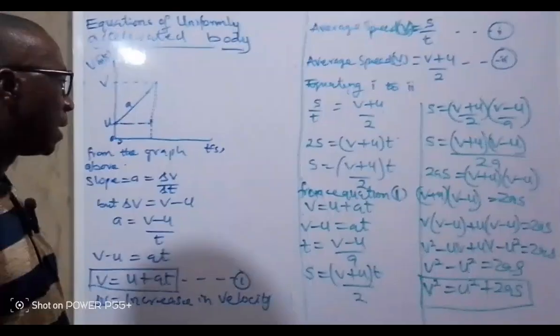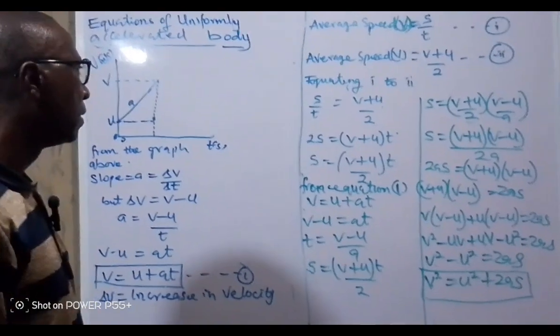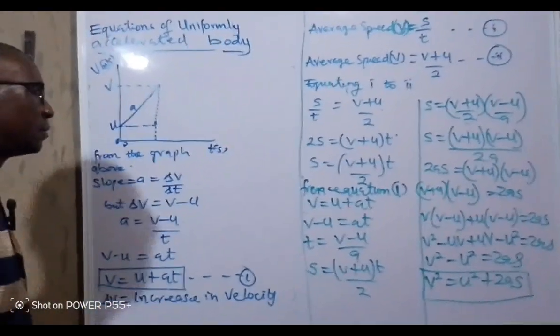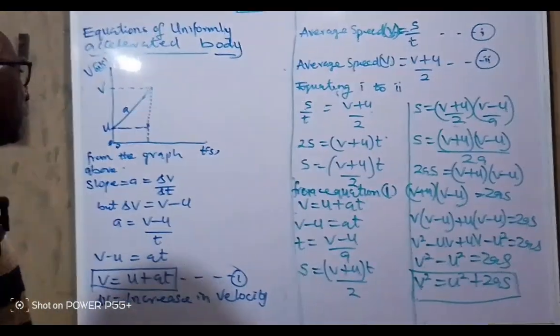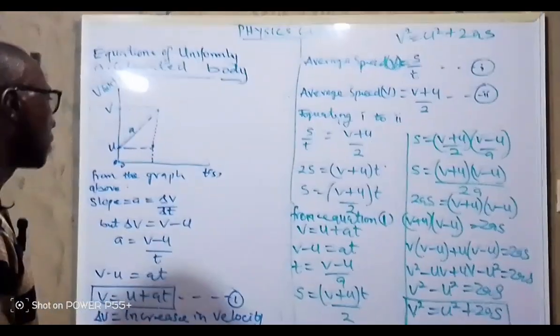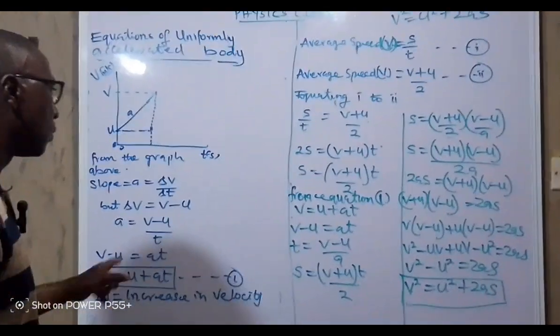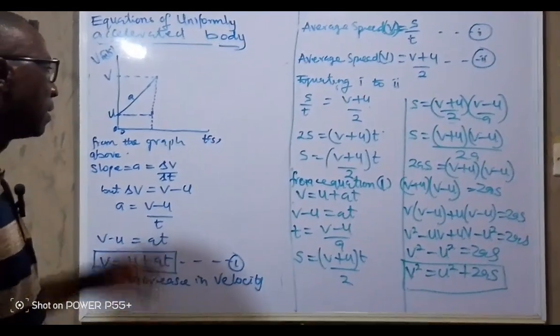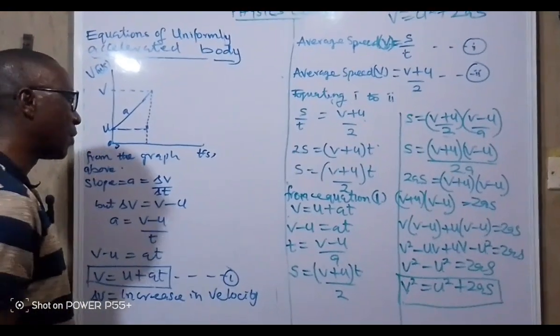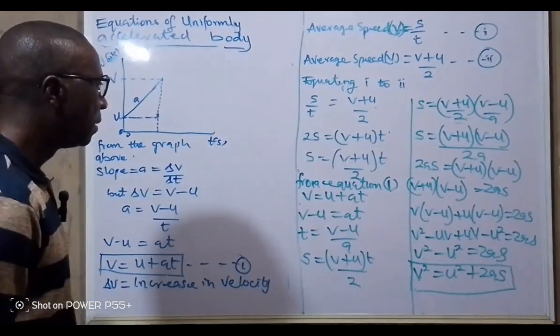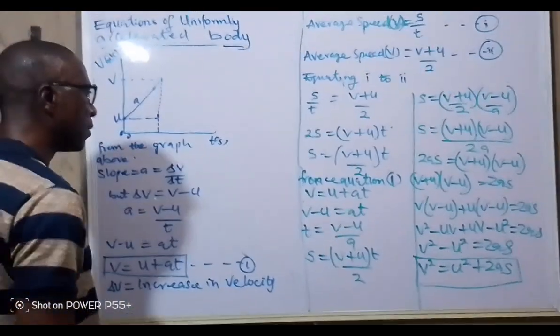Now you can see the 3 equations I wrote on the board. We proved how we arrive at them, together with the 4th one that I added the other time. If you can still remember, the 4th one is this one.